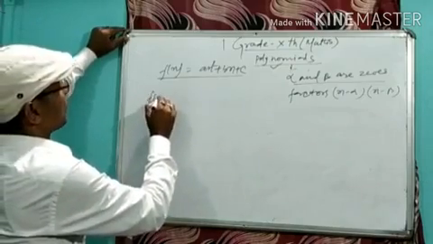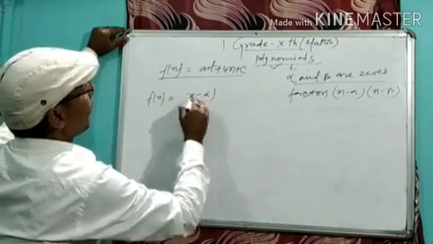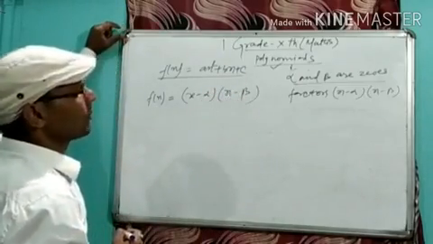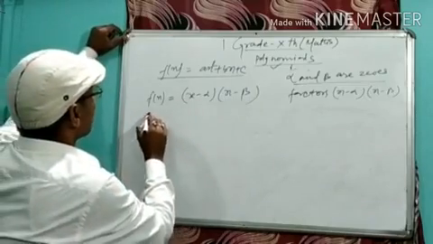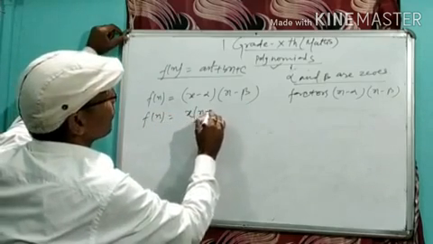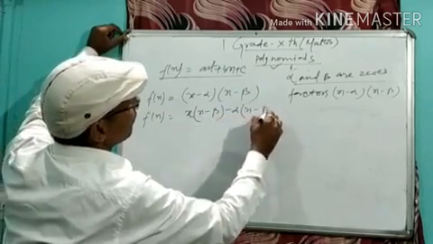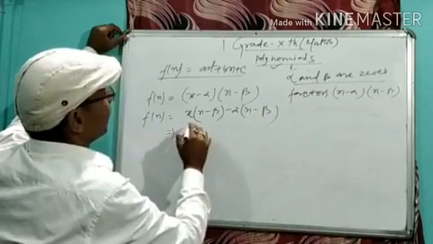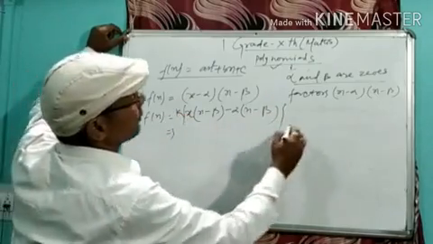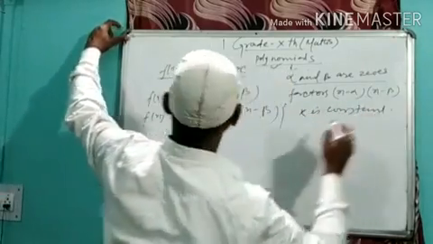Suppose f(x) gives two factors, x minus alpha into x minus beta. Take a constant and do the multiplication. f(x) is equal to k into x into x minus beta, here minus alpha into x minus beta. Yes, I am taking k here. k is a constant.